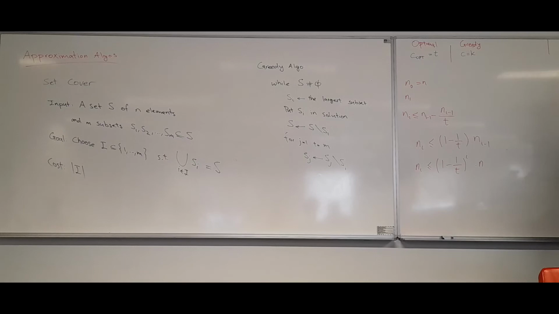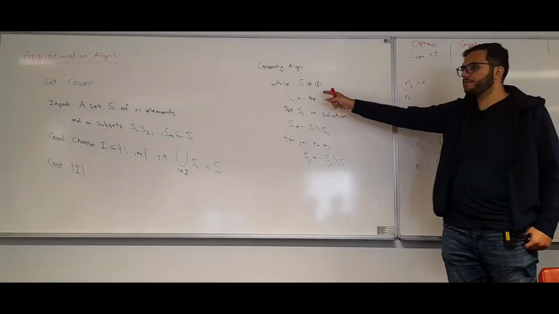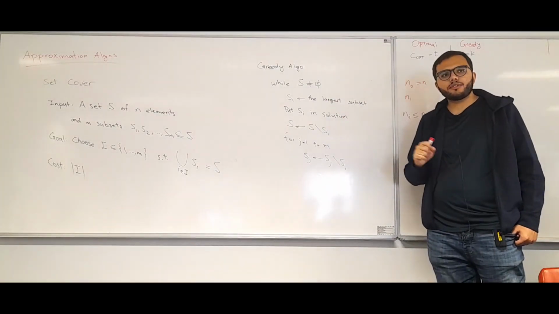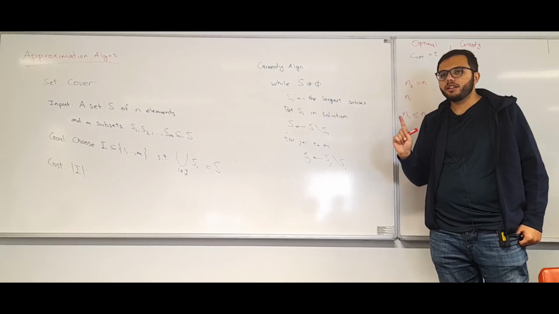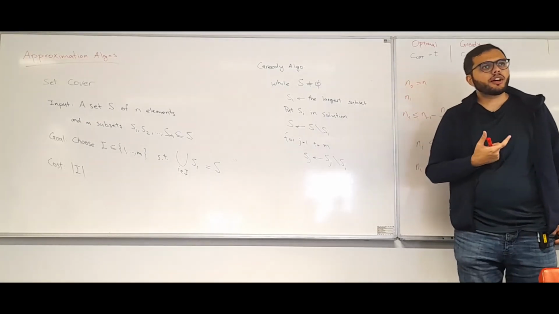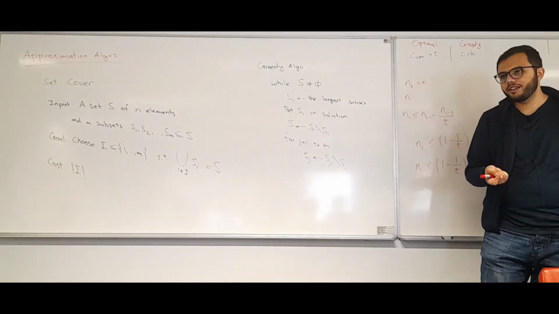But this just tells me how many elements I have at every iteration of my while loop. But when does my while loop end? My while loop ends when my set is empty. Or in other words, it ends when the number of elements is less than 1.